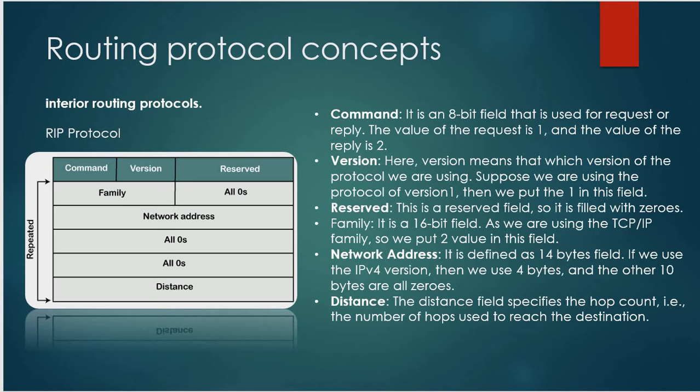The neighboring router accepts this packet and forwards it to the next router, and the TTL is decremented by 1. Then at each and every hop in the routing network, the TTL value is decremented until it reaches 0.